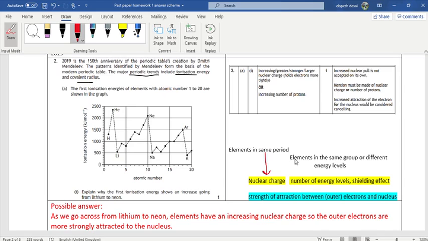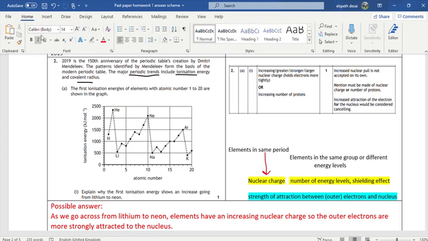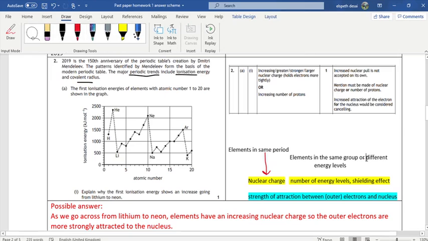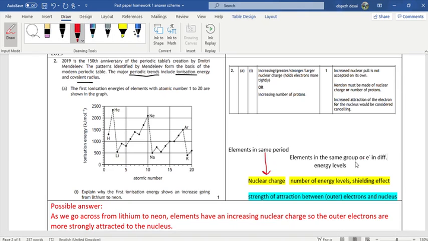If you are looking, however, at elements in the same group, or indeed if you're looking at electrons in different energy levels, then what you want to refer to is the number of energy levels, and that relates to this thing called the shielding effect.